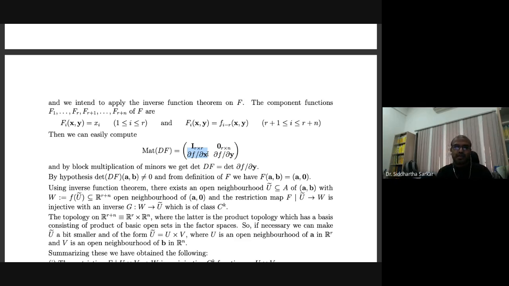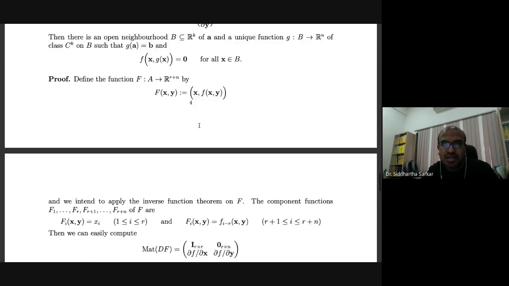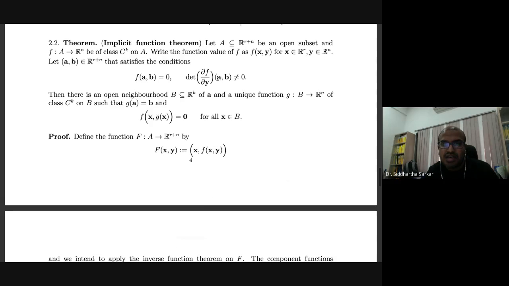Okay, so let's start now with the fact that this is the determinant, and this does not vanish at 0, because I have already been given that the determinant of del f del y at the point (A, B) does not vanish.